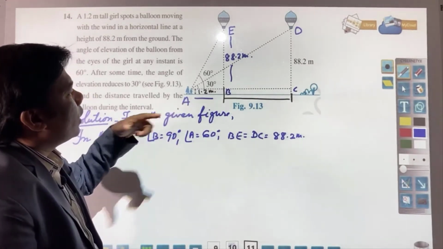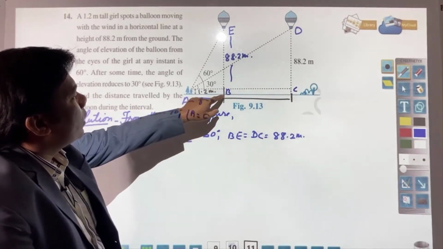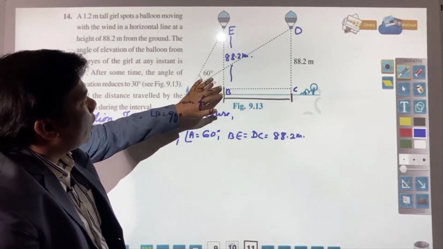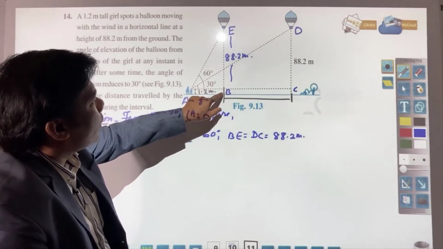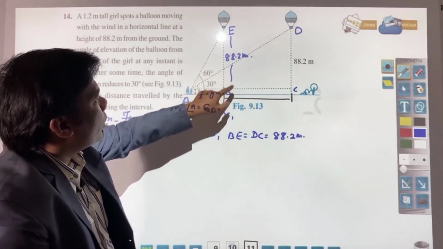The height from the ground is given as 88.2 meter.